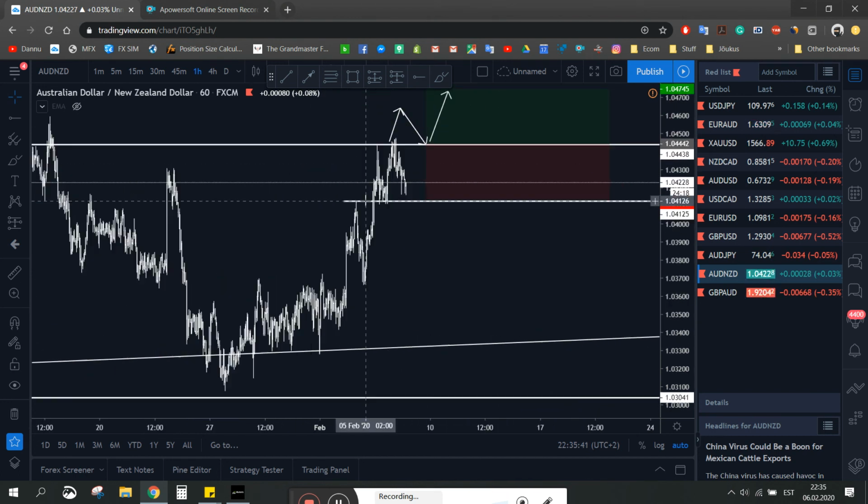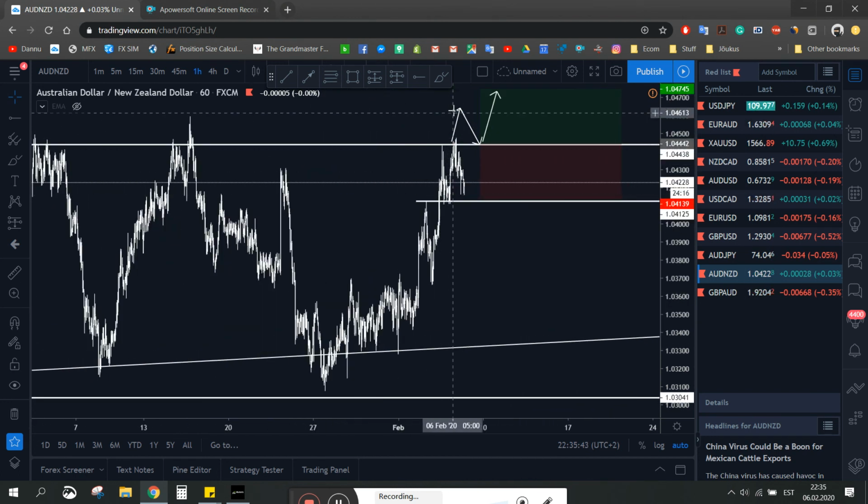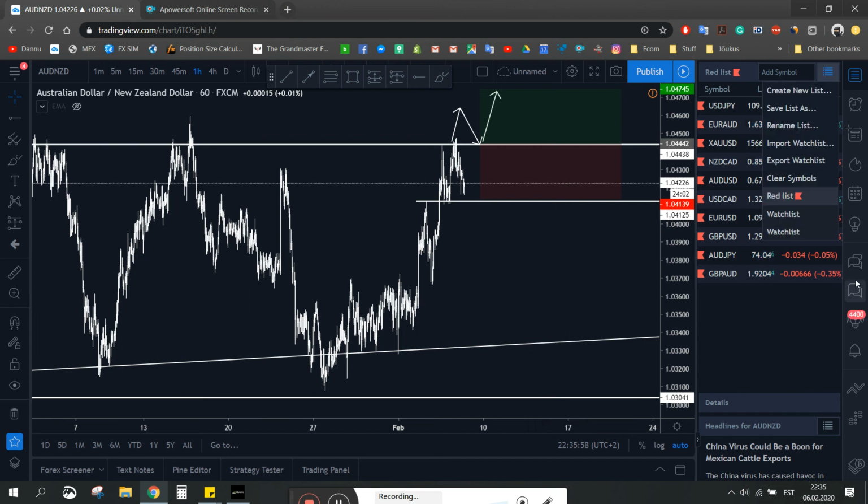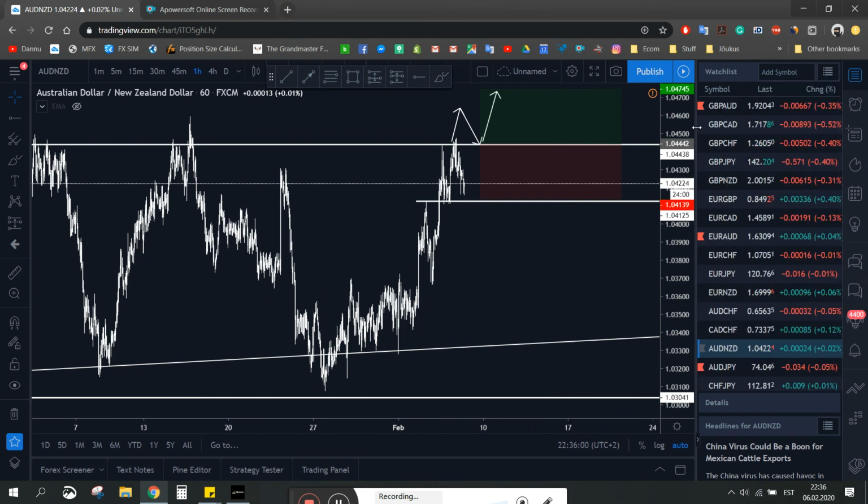So I thought that when this price breaks this level and retests, then I'll enter buy. But I stayed away for now. So yeah, that's everything from my trades right now.